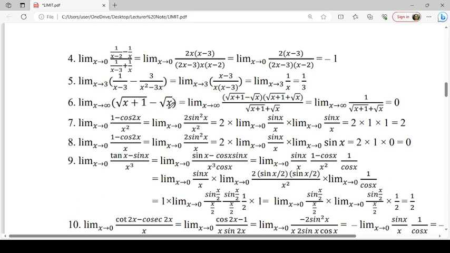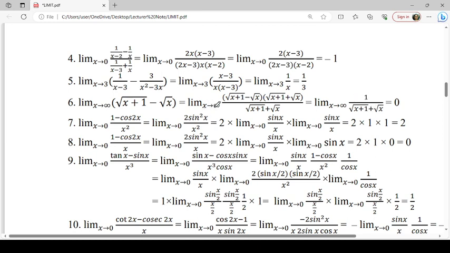Then this one, so the denominator here is 1, so we write 1 into root over x plus 1 into root over x, which means we are writing the conjugate of this, and this gives us x plus 1 minus x, so x goes, so we are having this one.